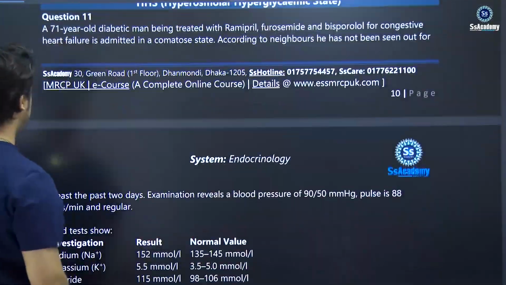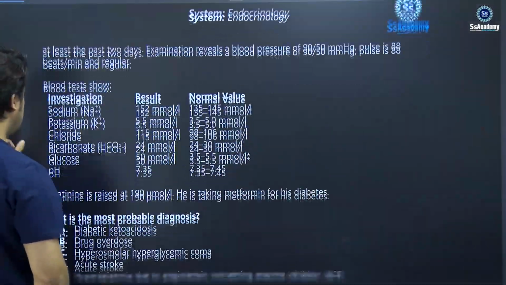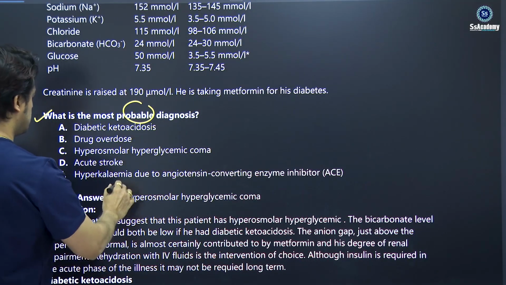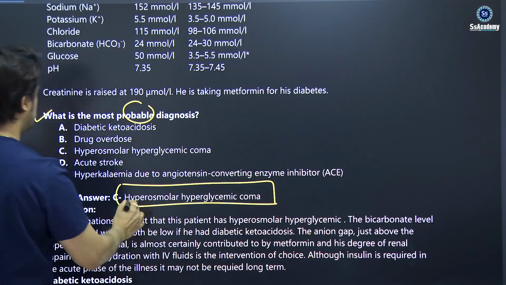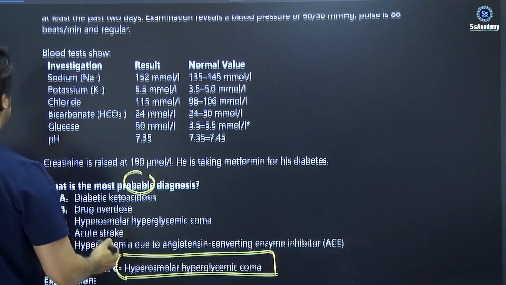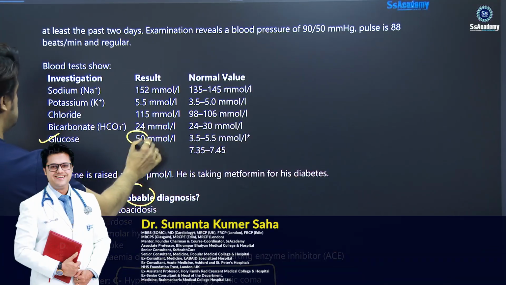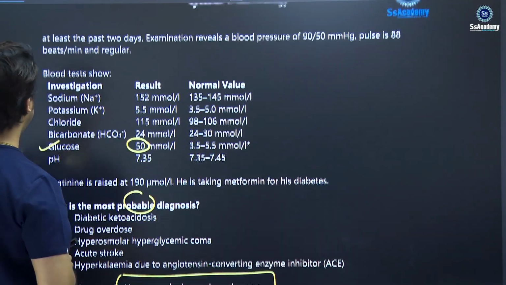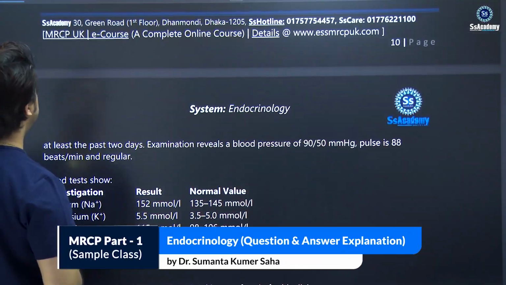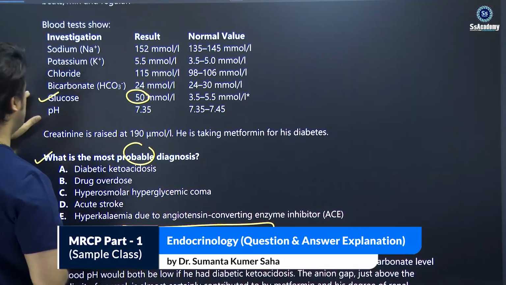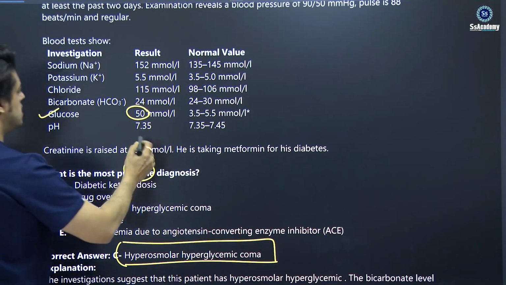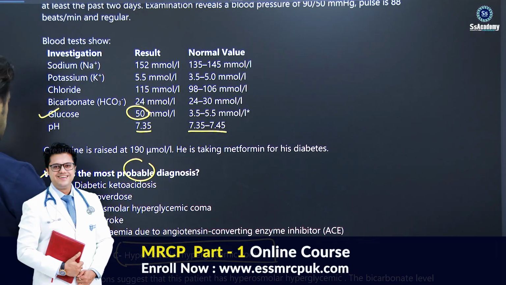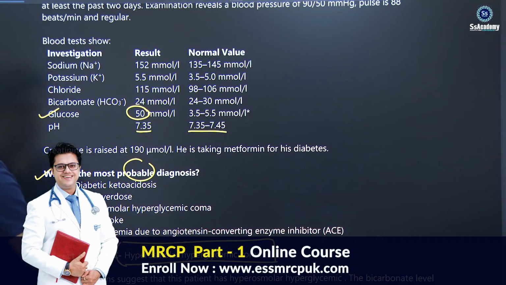Now, once again, hyperglycemic hyperosmolar state. What is the most probable diagnosis? Of course, HHS. If you see the glucose level at 50 and hyperosmolarity, you can measure the osmolarity as well. You see the pH of 7.35 is not acidosis, so definitely it's not diabetic ketoacidosis.